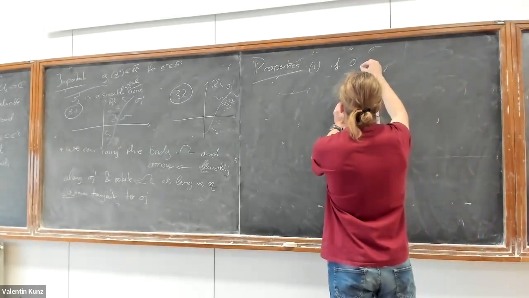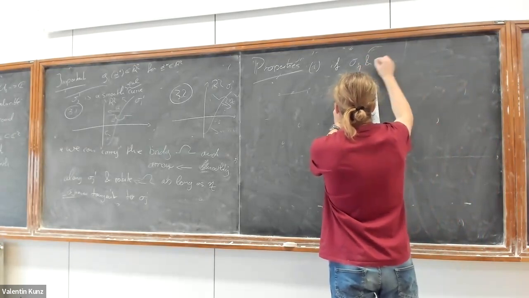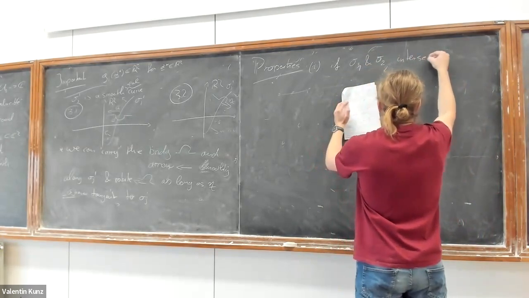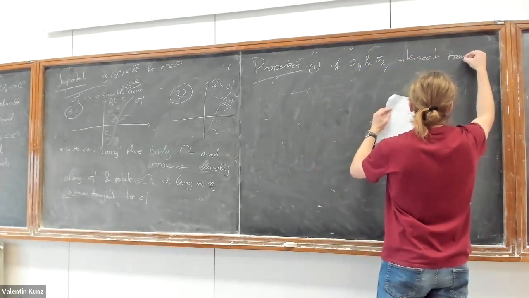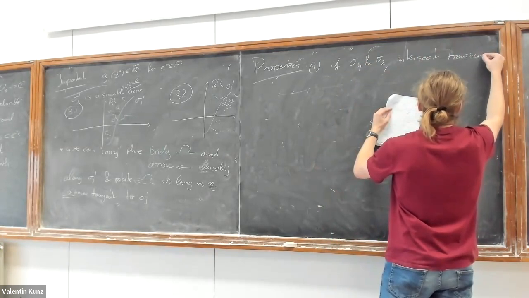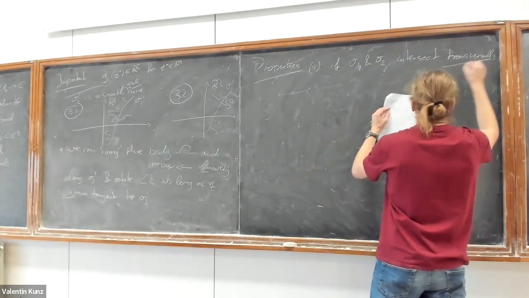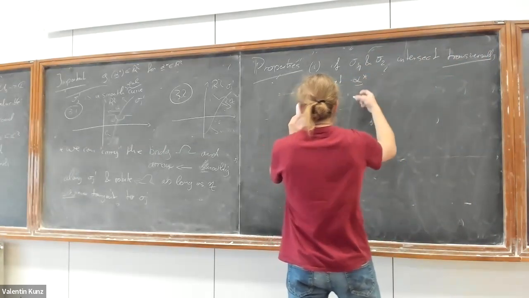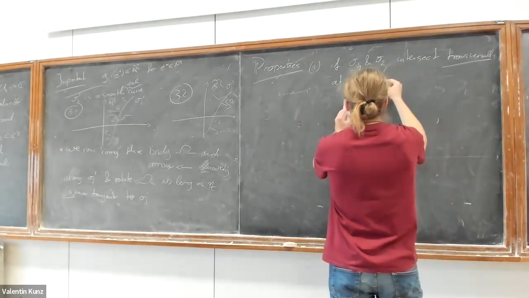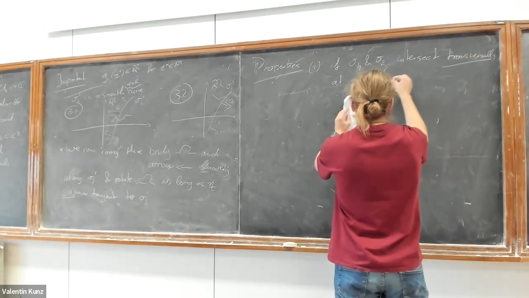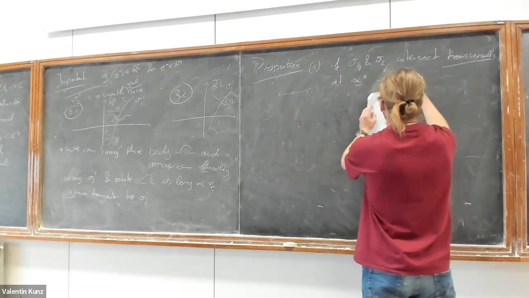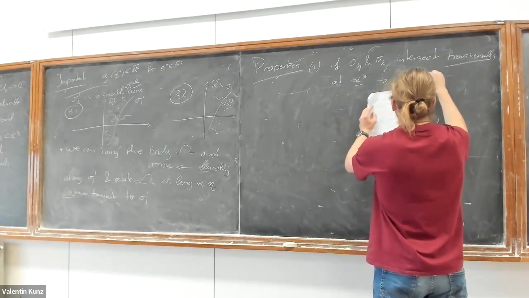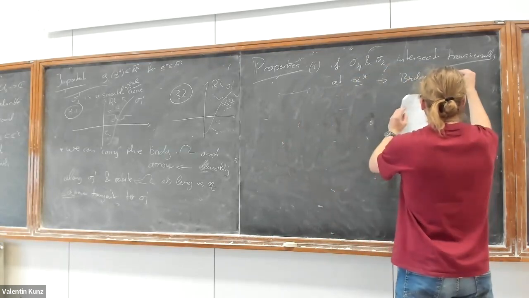So if sigma 1 and sigma 2 intersect transversally at a point alpha star, then bridges along sigma 1 and sigma 2.